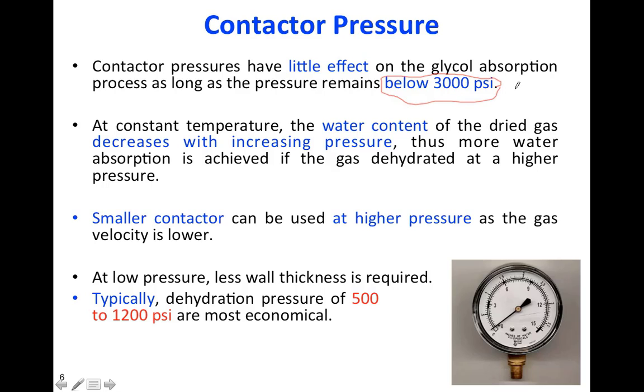But in general, if we increase the pressure, it is most of the time good, because when you have higher pressure, you can condense, or force the water vapor to go to the liquid phase, right?